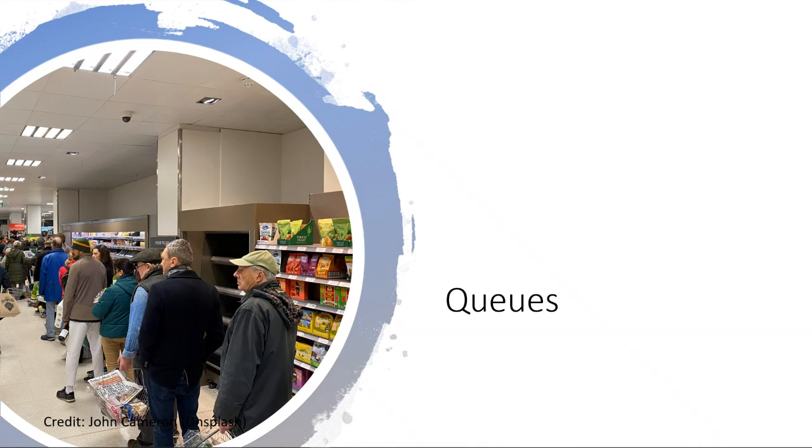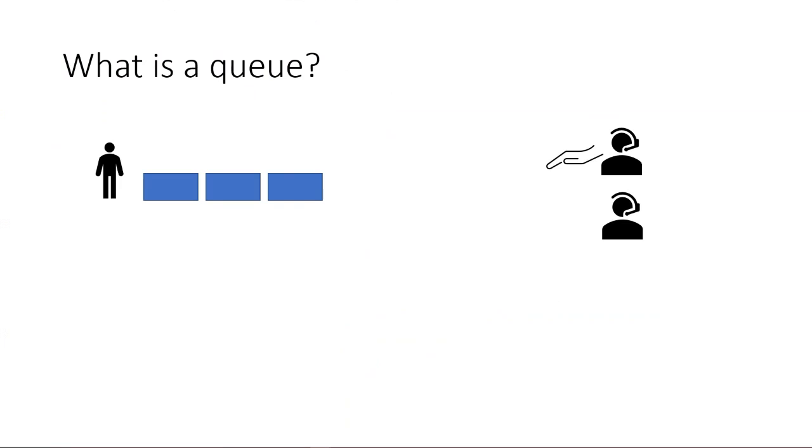Okay, so in delving into queues and topics, we'll start with queues. So what is a queue? I've got a little PowerPoint illustration here. Essentially, we've got a number of items in a queue, and the clients that are accessing that queue come and take items one at a time off the queue.